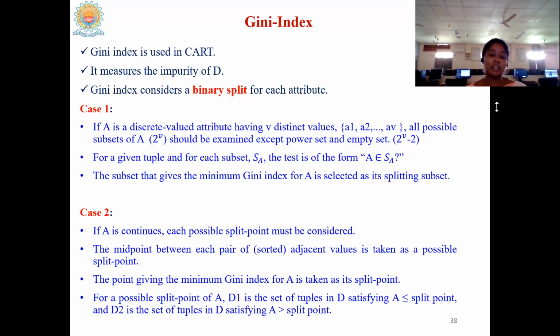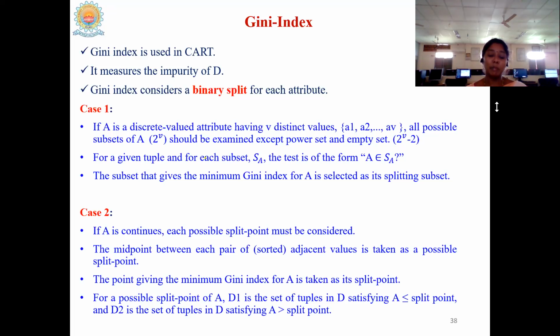So coming to the case 2, that is splitting point. One case is splitting subset and one is splitting point, irrespective of the order of the cases. If A is continuous, each possible split point must be considered. The midpoint between each pair of adjacent values is taken as a possible split point.